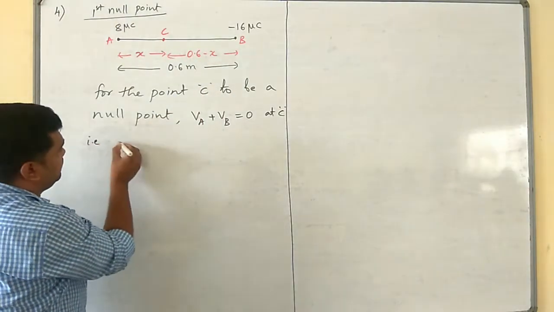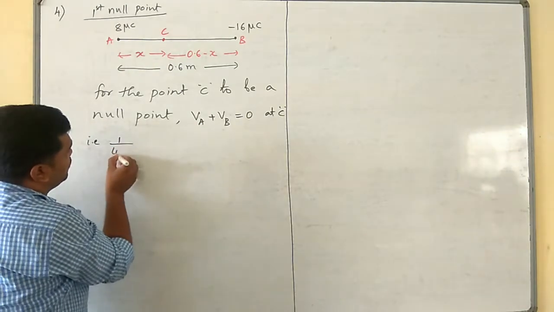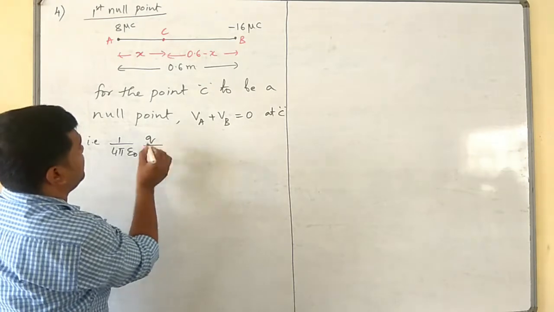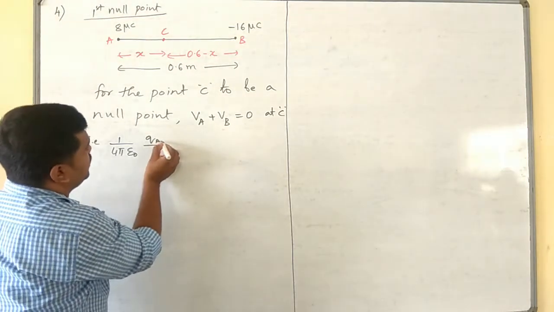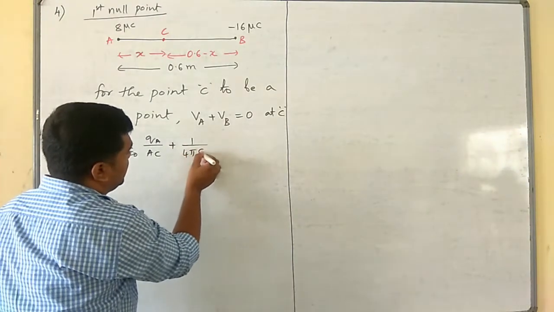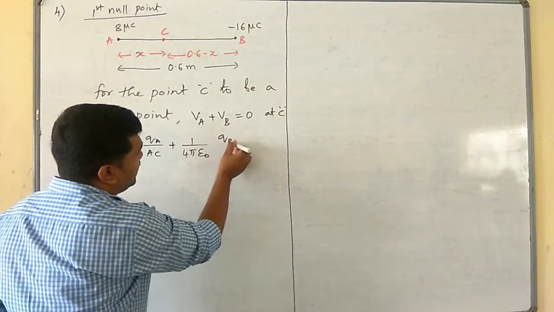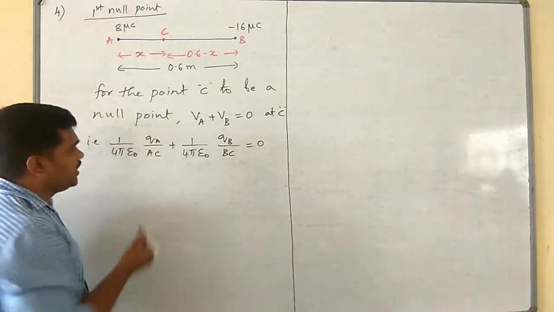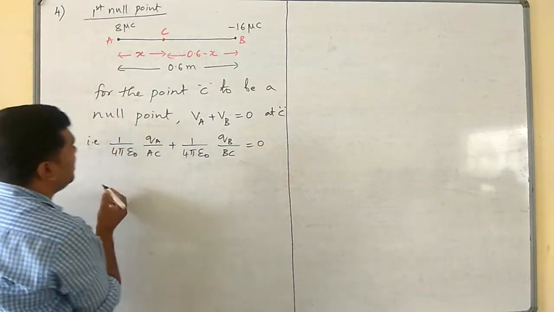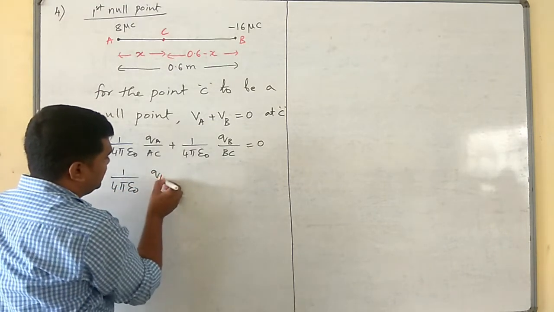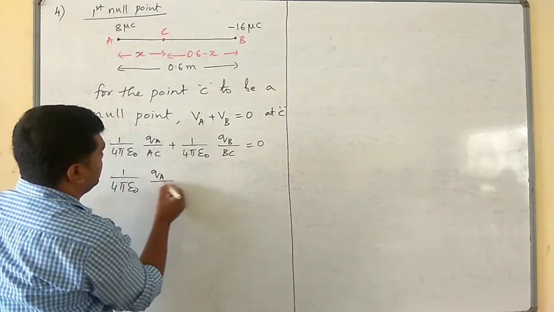That is, 1 by 4 pi epsilon naught QA divided by AC plus 1 by 4 pi epsilon naught QB divided by BC should be equal to 0. Next, I will transfer this to the RHS. It becomes 1 by 4 pi epsilon naught QA divided by AC.